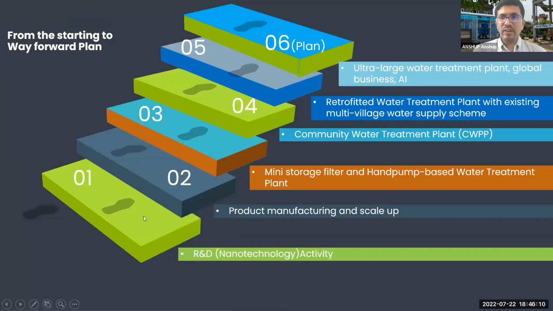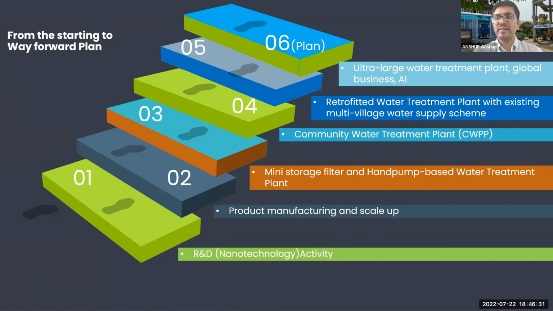When we started our journey almost 15 years back, we were looking at the development of new materials. Subsequently, we started to work on how to manufacture these materials at large scale. We started with small scale plants, then went to bigger plants.